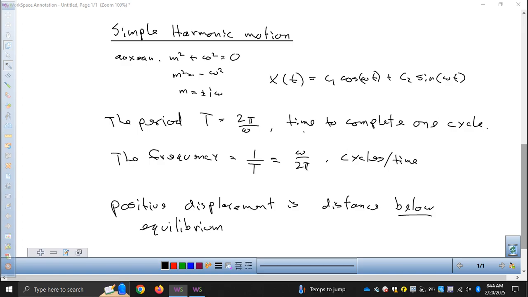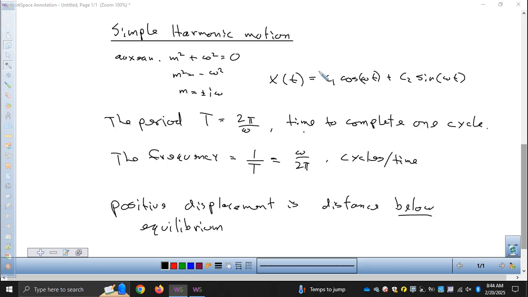So now we have a mathematical description of what we've seen probably for most of our lives. When you pull a spring, it kind of bounces in this nice periodic motion. And of course, we're ignoring the internal friction of the spring and all that kind of thing.